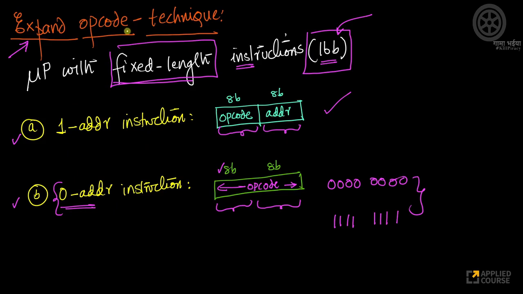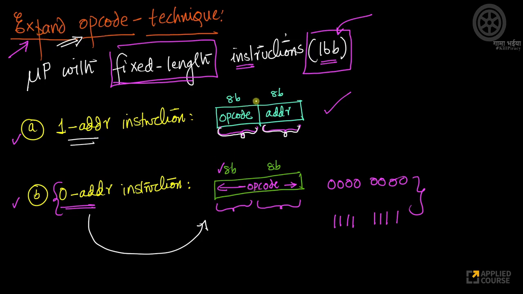Expanding the opcode basically means that for the one address instructions, I'm using only the first 8 bits for the opcode and the second 8 bits for the address. But for 0 address instructions, I could use the whole 16 bits for the opcode. That's what it means. So the size of the opcode itself changes when you're using the expanding opcode technique.